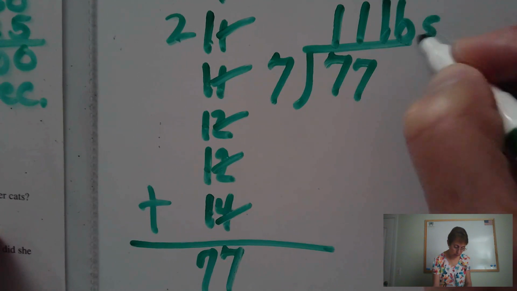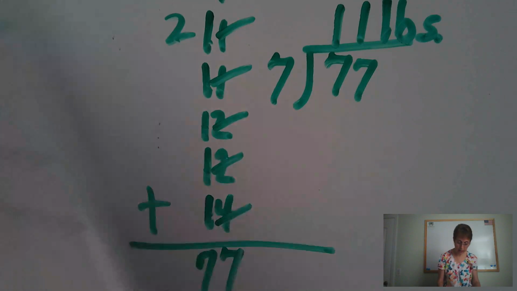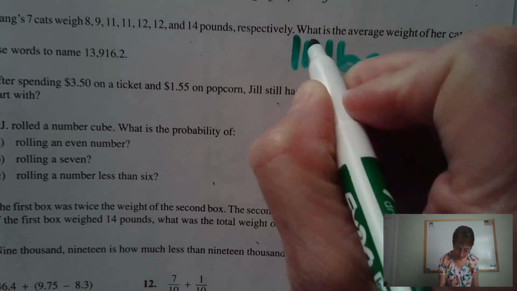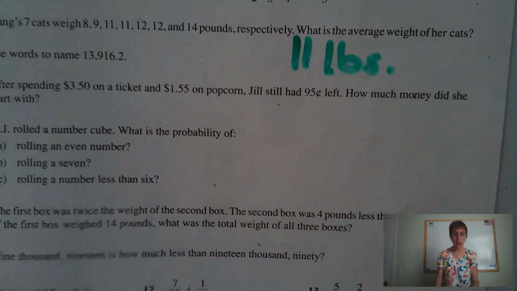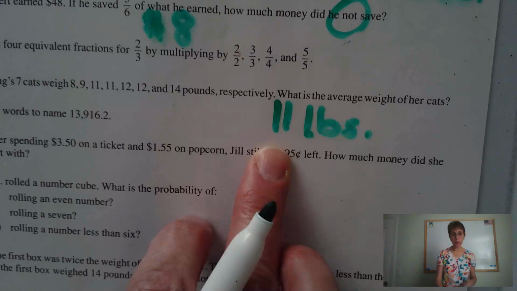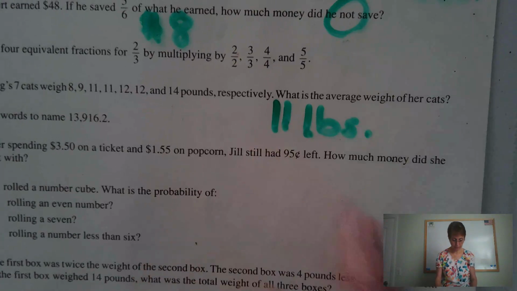So we would say the average weight of her cats is 11 pounds. Now, you know that average means, in this case, some might weigh less than 11, some might weigh more than 11. Okay, but when combined and averaged out, we would say the average weight is 11.